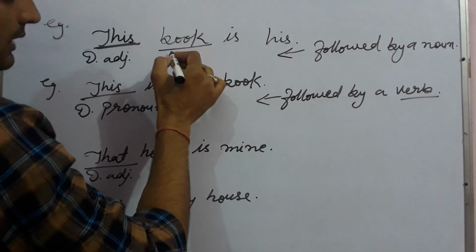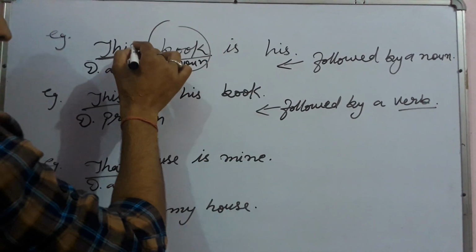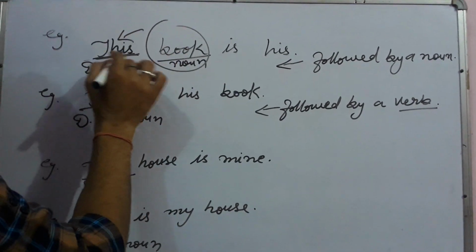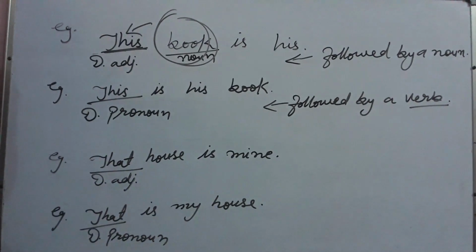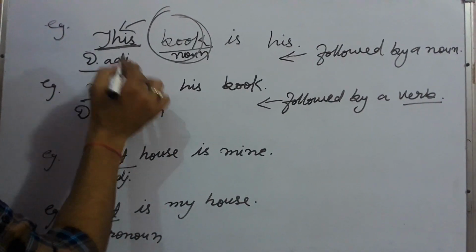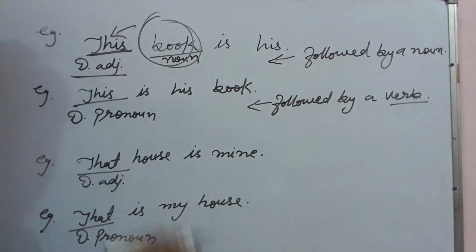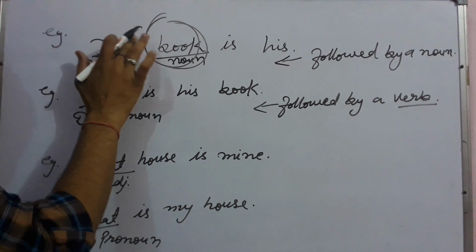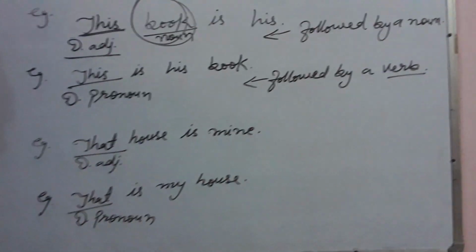Because book is a noun here, and this word is followed by a noun. That's why it is a demonstrative adjective. You can see here, followed by a noun.